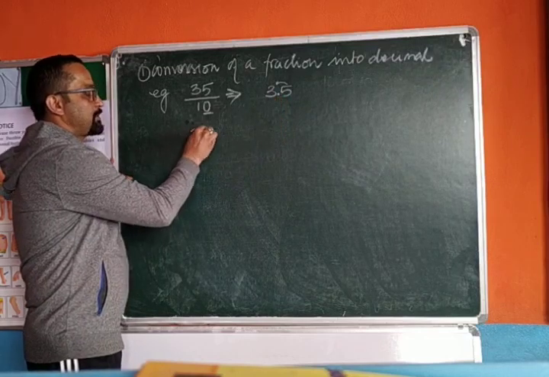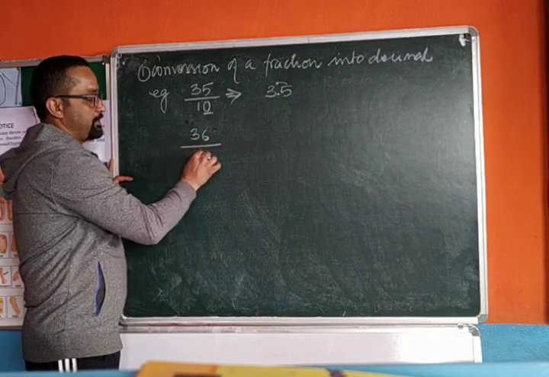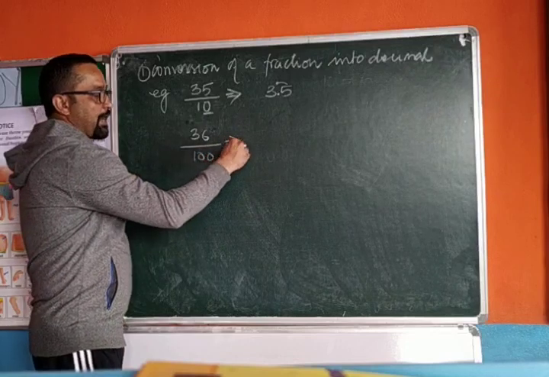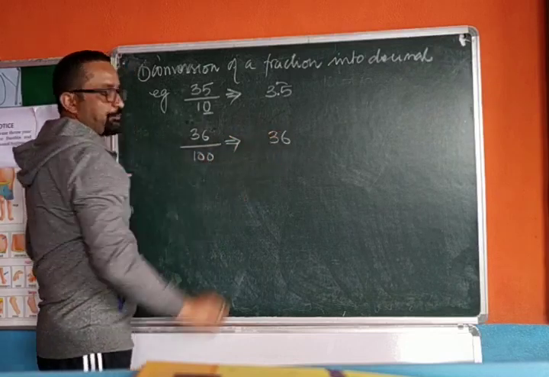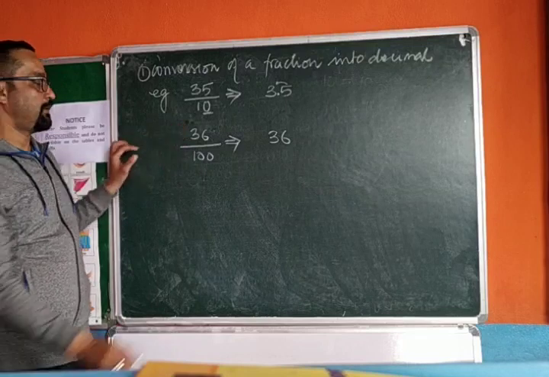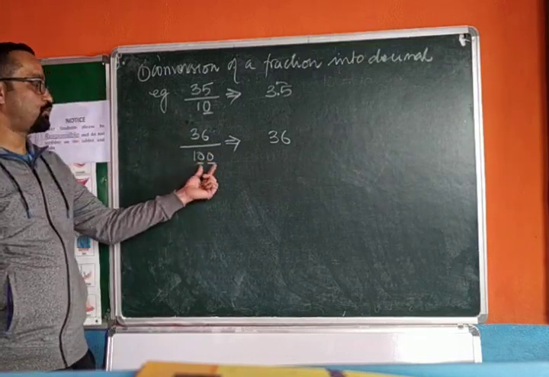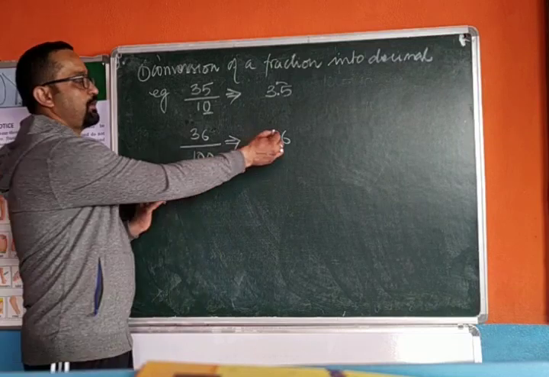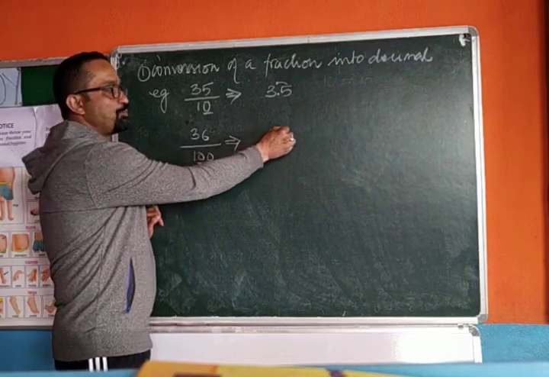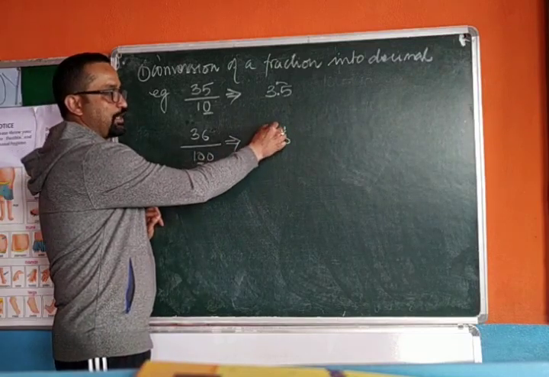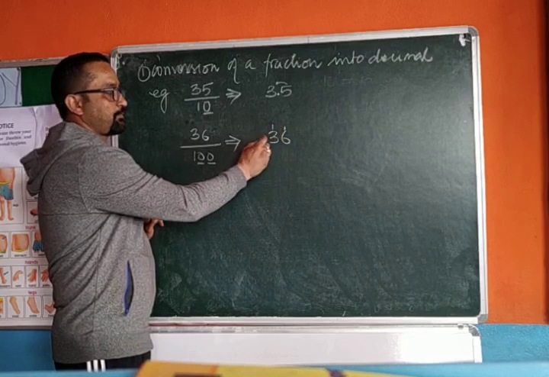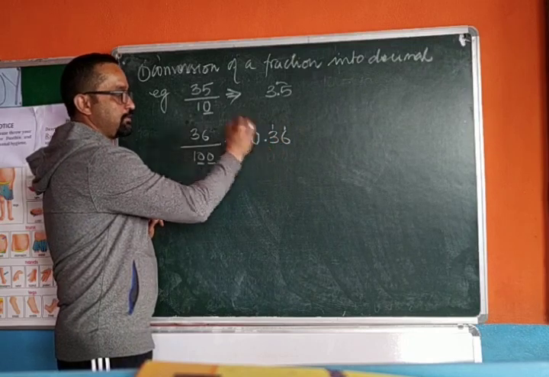Suppose you have 36 divides by 100. You write 36 as it is, numerator. Count number of zeros at denominator. There are 2 zeros. So you need to move 2 places on the left hand side and put decimal.